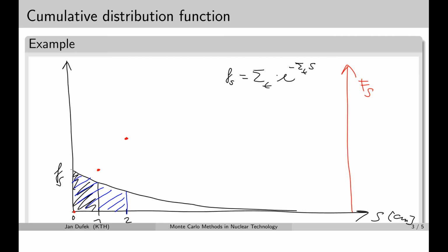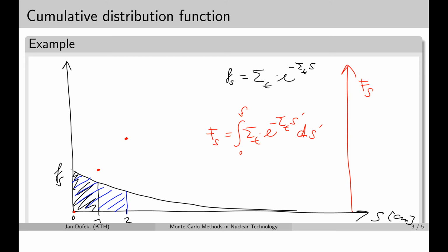Now let's calculate the cumulative distribution function directly from the definition as the integral of the probability density function from 0 to s.